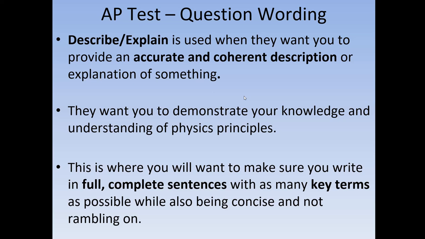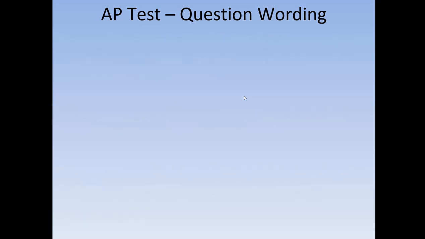That means they don't want you using equations to back up what you're doing. So if they ask, explain why the acceleration goes up, they don't want you just showing F net equals ma and examples of how as the force goes up, the acceleration goes up. They want in words what's going on.